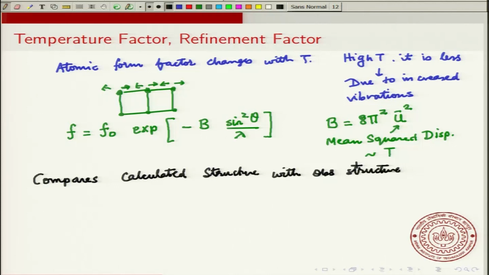But basically the idea is that there is a very well known procedure called Rietveld refinement. It is an automated program that is there in most of the modern X-ray diffractometers.